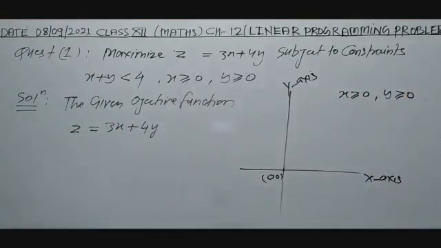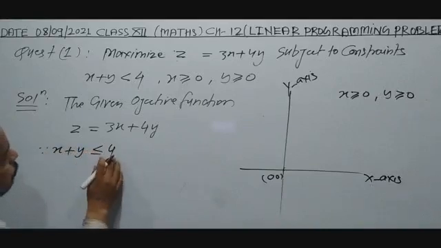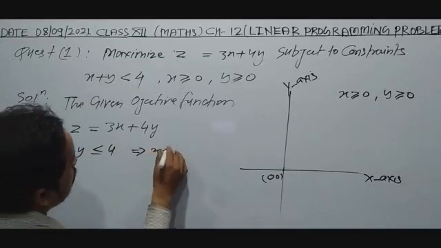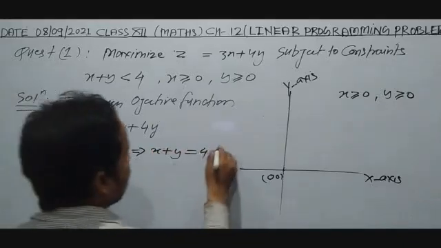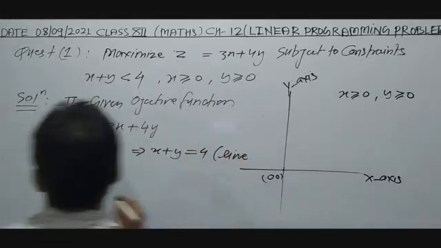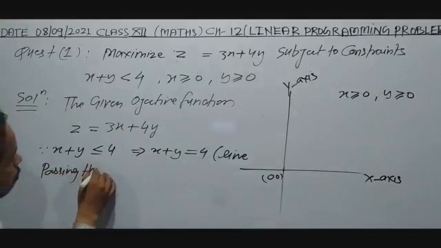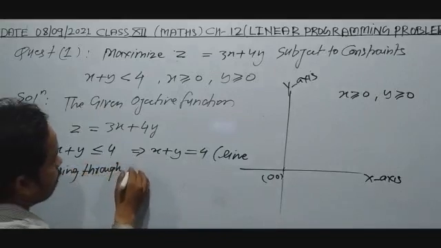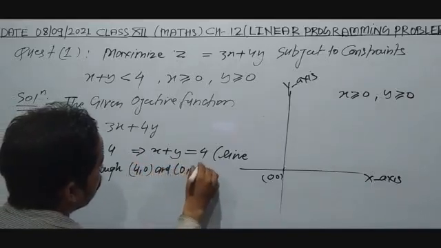This is the first quadrant, and now x plus y equals 4. Since x plus y is less than or equal to 4, consider the line x plus y equals 4, passing through (4, 0) and (0, 4).